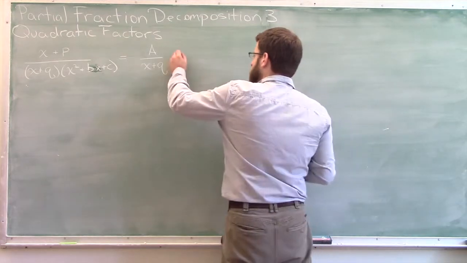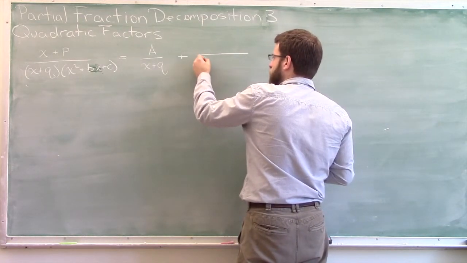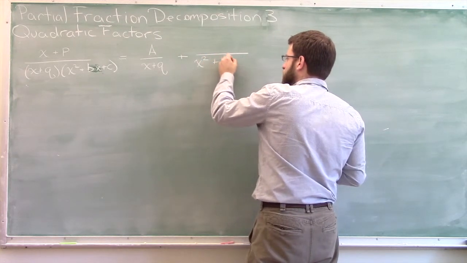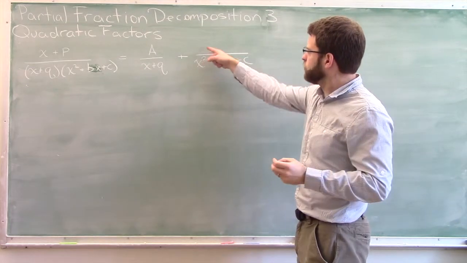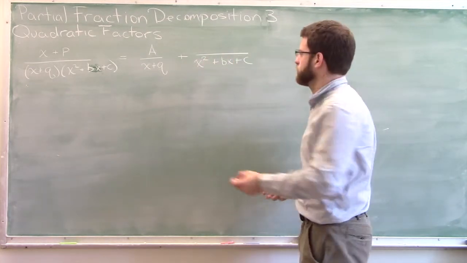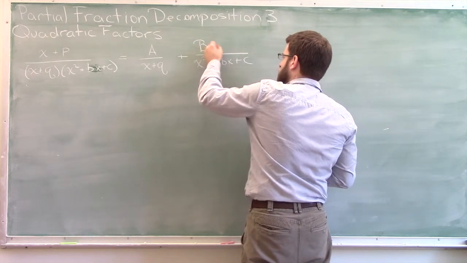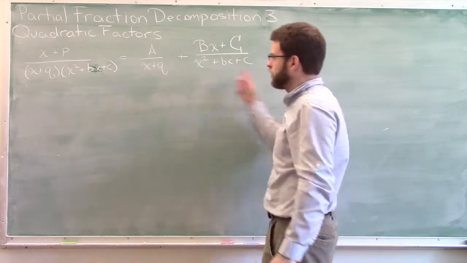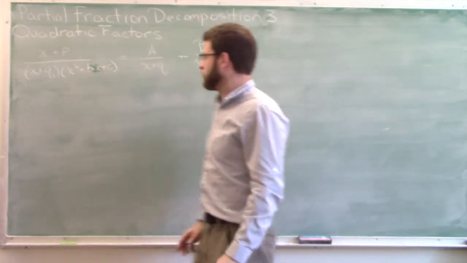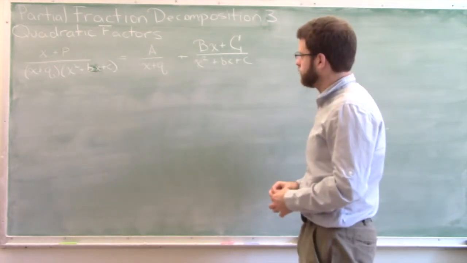So we'll have that quadratic in the denominator, x squared plus bx plus little c. And in the numerator, we're going to put a linear function. So we're going to put maybe Bx plus C. And this is a capital C, different than the part that's appearing in the quadratic. So these capitals and lowercase letters are just different in general.